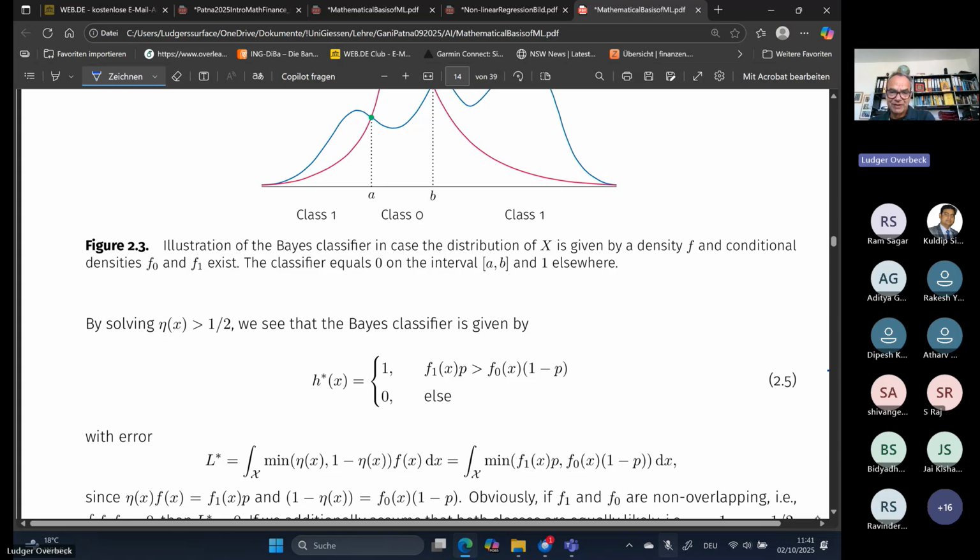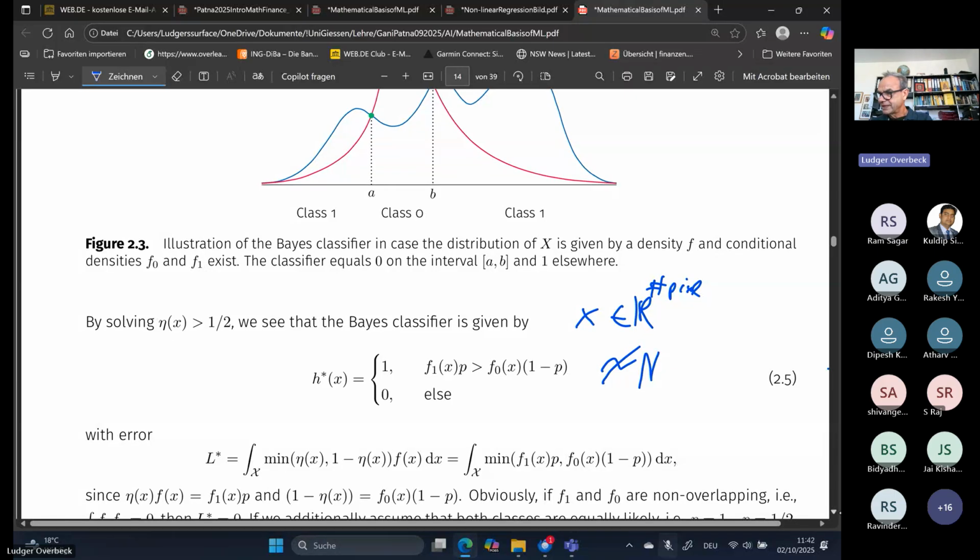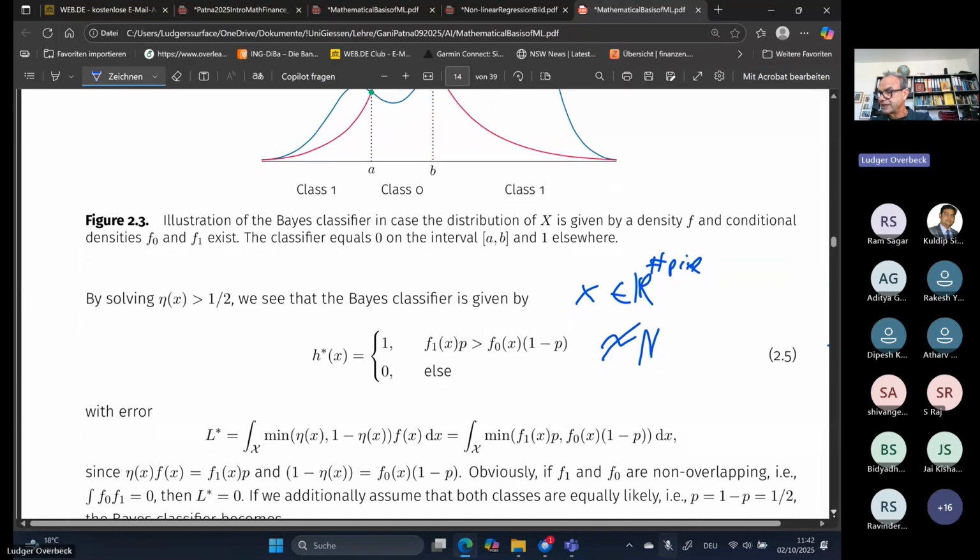Of course, that's not feasible because in our picture, x is in R to the power of the number of pixels, which is quite high. And you wouldn't assume that this has a normal distribution. You might, but I don't know whether you want to do that. That's not done like this, just in other cases.